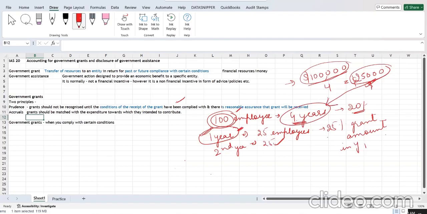Okay, so the expenditure should meet the income. Like if the grant you're receiving is your income, so if the expenditure is being incurred in a specific year, then you have to prorate your income and make sure that the income matches the expenditure, right? Okay.